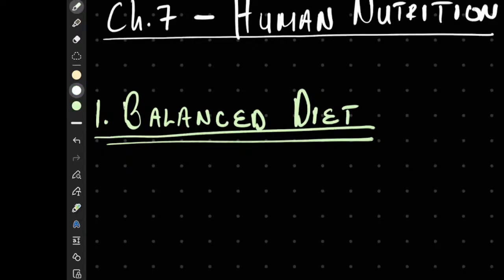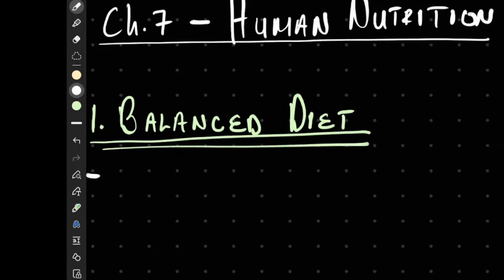Can you write for me to say what is the balanced diet? I think I wrote the definition last time for those who were there, but we'll still go through it as fast as we can. I have to go through a lot of things, so I'll be writing fast. If you want to write fast and neat, you write small things.